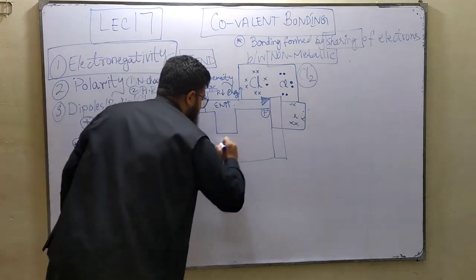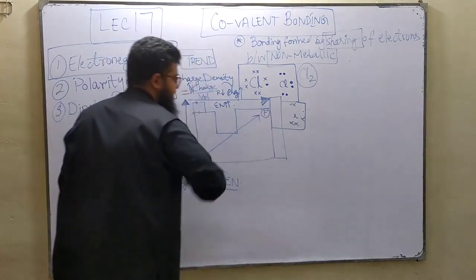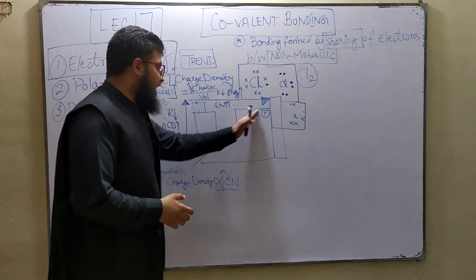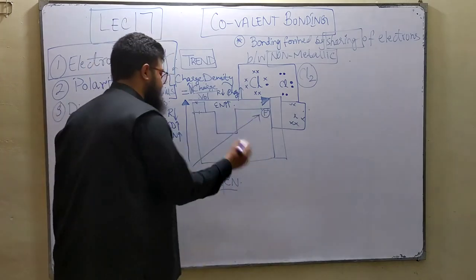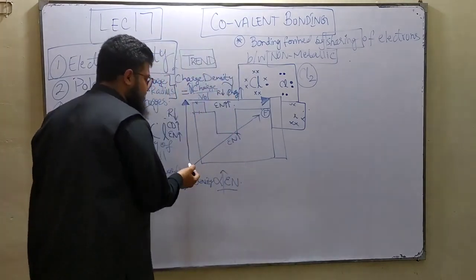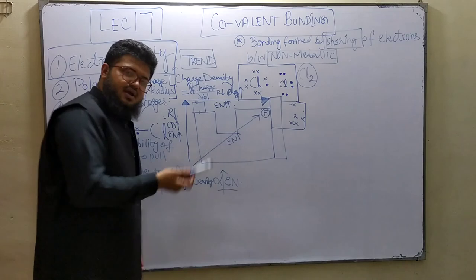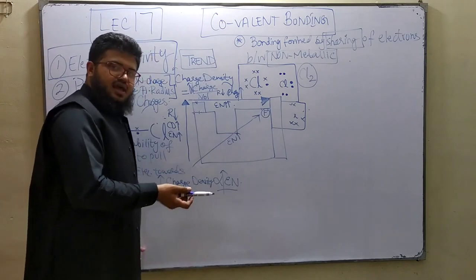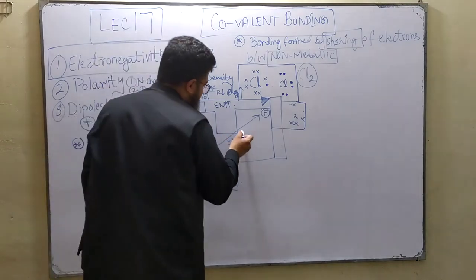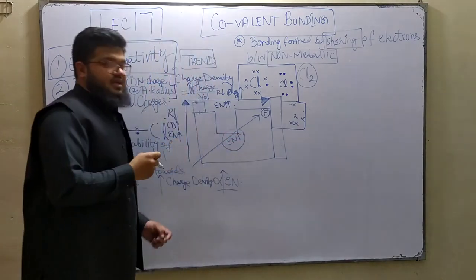And as you go diagonally across the periodic table, what's happening? As you go diagonally, again electronegativity is rising. Why am I saying that? Because going diagonally actually means going up the group and across the period. Simple as that. And if you are going up the group and across the period, then that actually means the electronegativity is rising again.